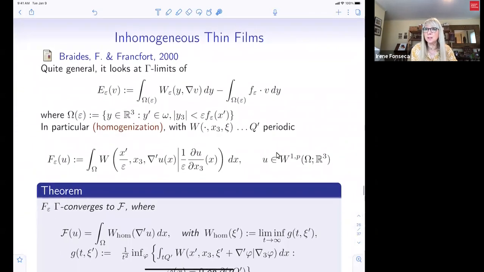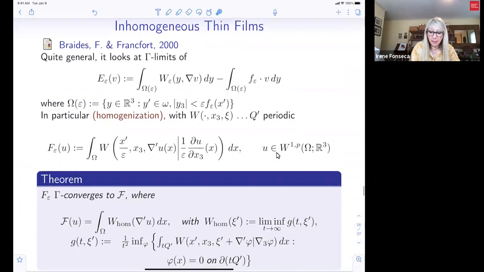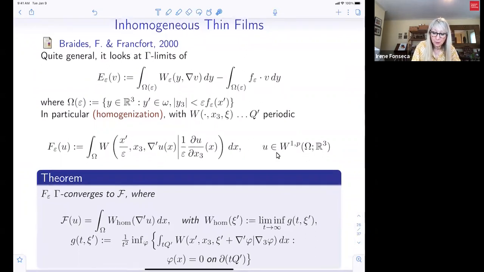Let's now look at homogenization. So again, I'm going back to my work with Andrea Braides and Gilles Francfort. Now suppose that this function is not just a W, but actually a family of functions that depend on epsilon.